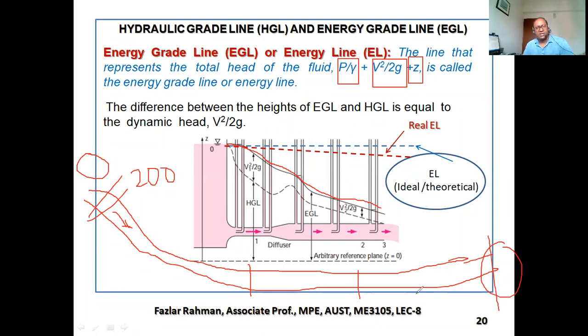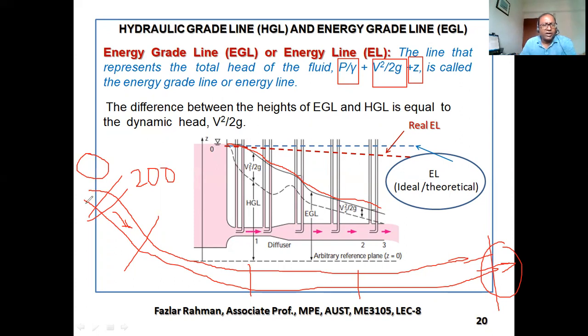So if this point has a flow of water, obviously there will be flow as per Bernoulli's equation. If this is true, then one pump will be enough to supply crude oil from Iran to China by pipeline. But it is not possible because Bernoulli didn't add the frictional loss in the pipe.